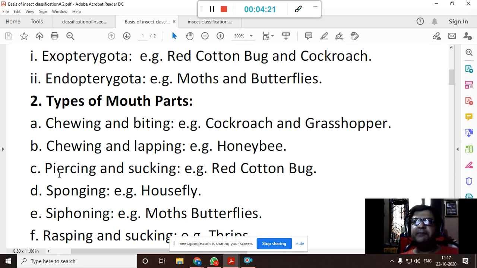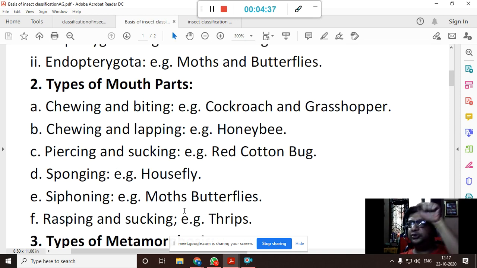Then it can be piercing and sucking, for example in the red cotton bug, you can find it to be piercing, and it sucks the nectar out. Then sponging, houseflies. Siphoning, mosquitoes. They draw the blood outside. They can be rasping and sucking, like in thrips.